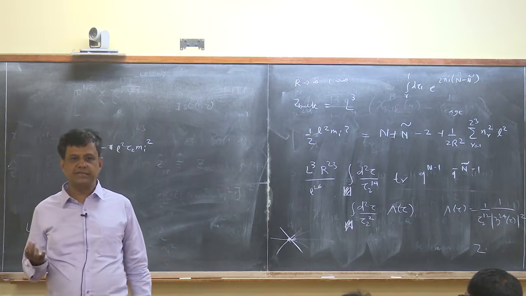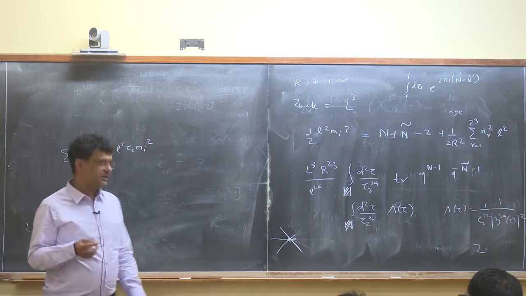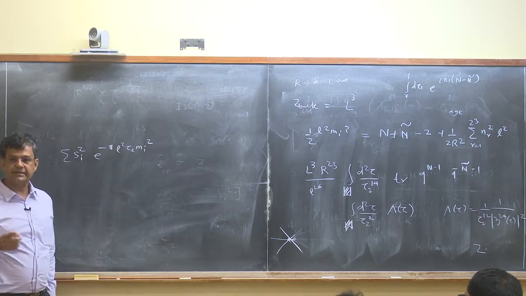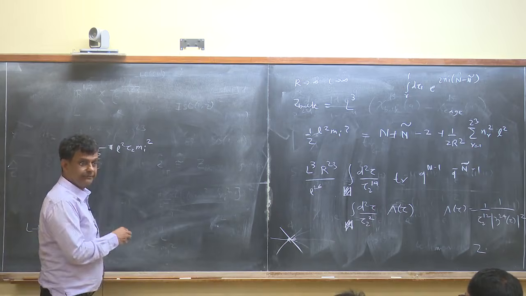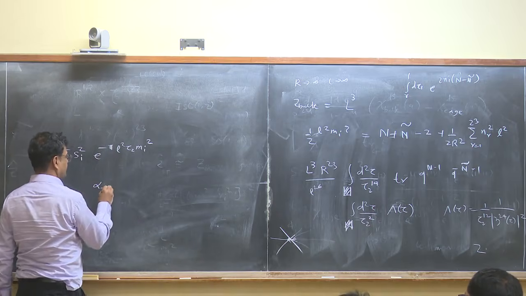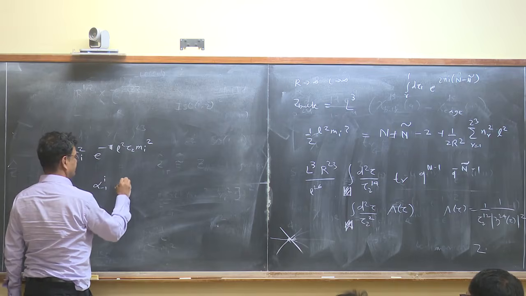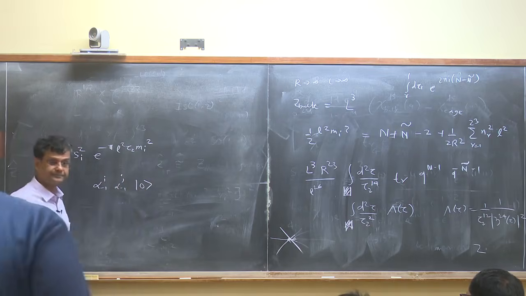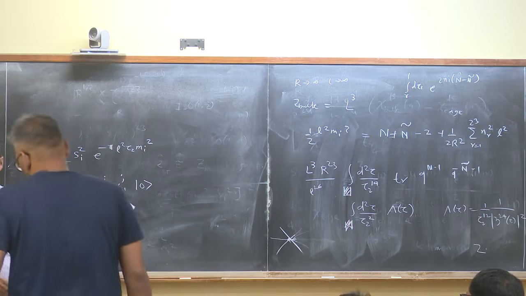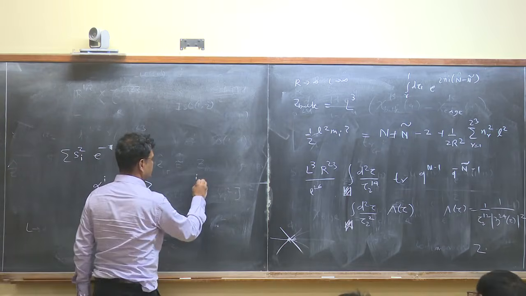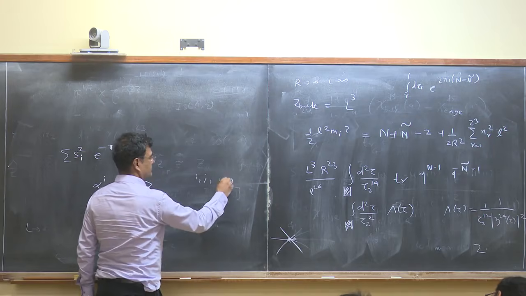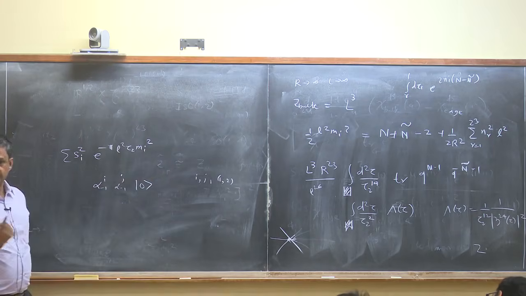But what is the helicity? You can represent the helicity in terms of the oscillators of the world sheet. For example, if you had a state like alpha_{-1}^i alpha_{-1}^j acting on the vacuum, with i and j the directions 1 and 2, it will have a helicity in the 1-2 plane.